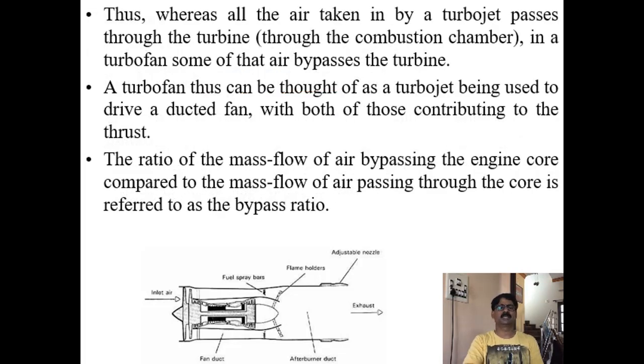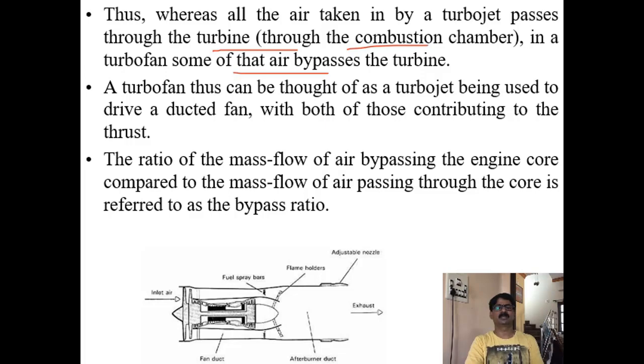Whereas all the air taken by the turbojet passes through the turbine after passing through the combustion chamber, in a turbofan, some of the air bypasses the turbine. That is very important here.